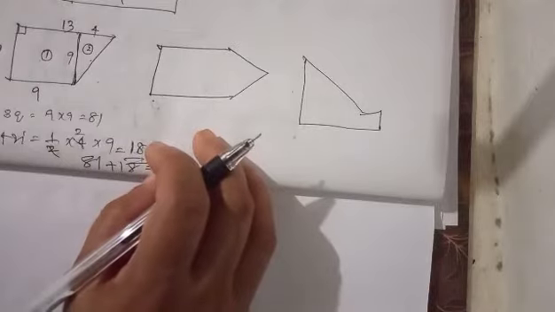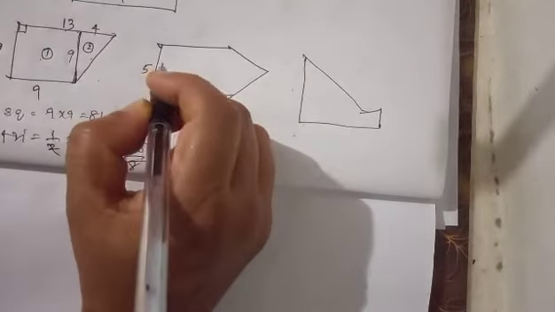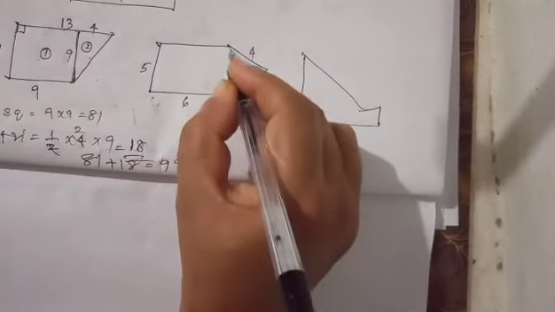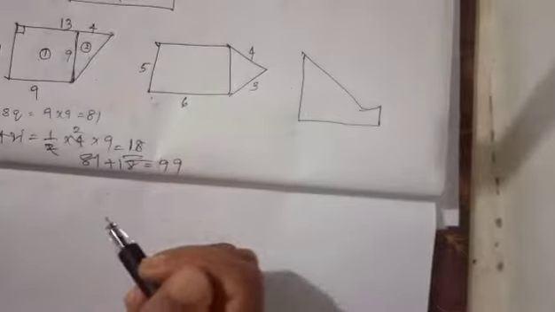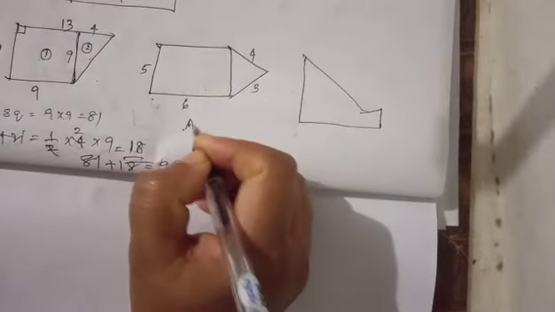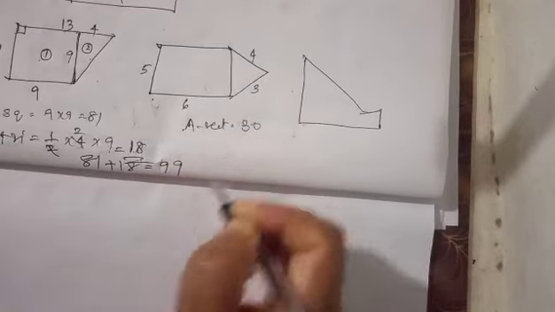Okay. Then this figure, see. It is given 6. This side is 6. This is 5, 4 and 3. We can cut like this. It is a rectangle. The area of a rectangle is 6 into 5, 30.